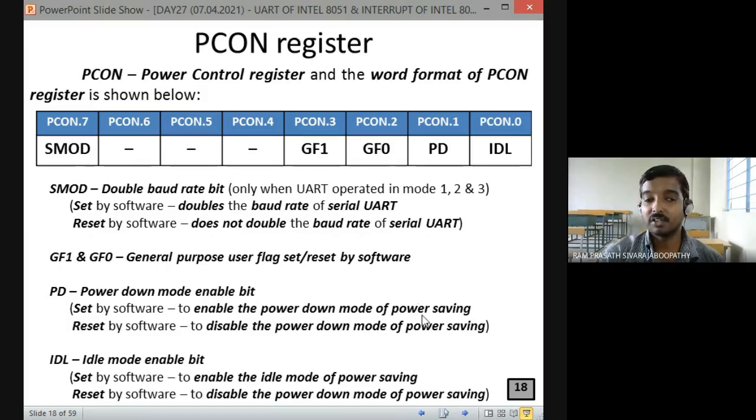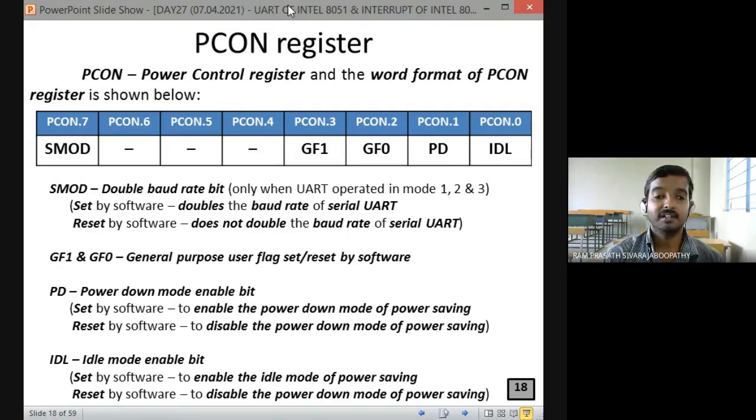We have two power saving modes in the Intel 8051: idle mode and power down mode. Whichever mode we enable, we set the corresponding bit. PCON stands for power control register, but the MSB bit of PCON we use for doubling the baud rate. After configuring the baud rate, if you want to double it, simply set SMOD. That's it.